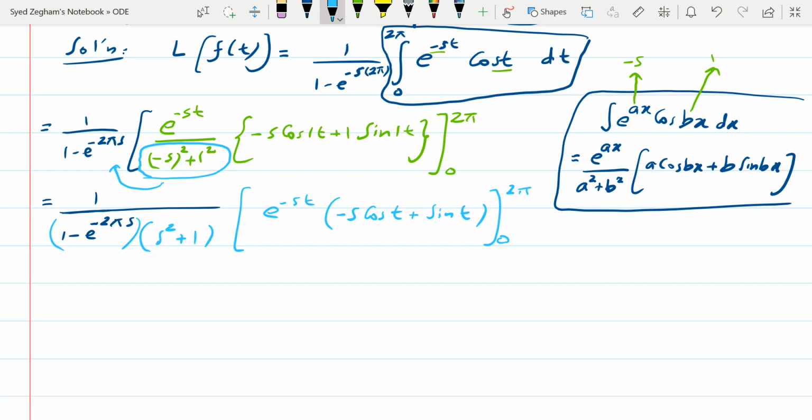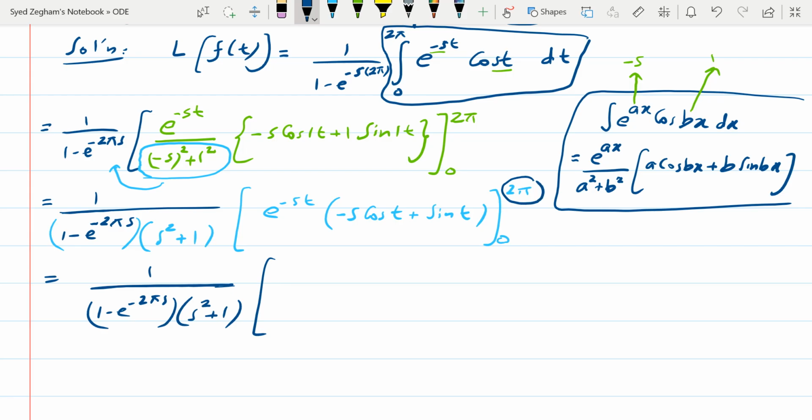Okay, now let us start putting the limits. So we get 1 over 1 minus e to the power minus 2 pi s times s square plus 1, and now first we are going to put t equal to 2 pi.